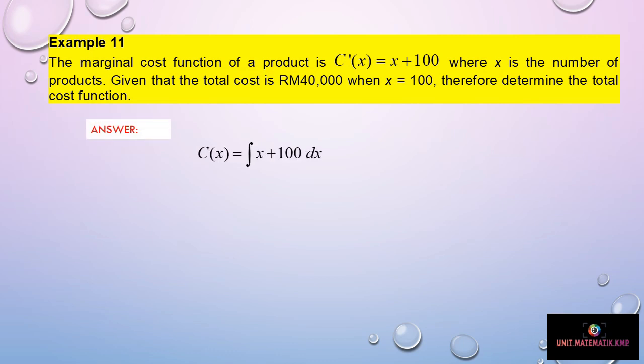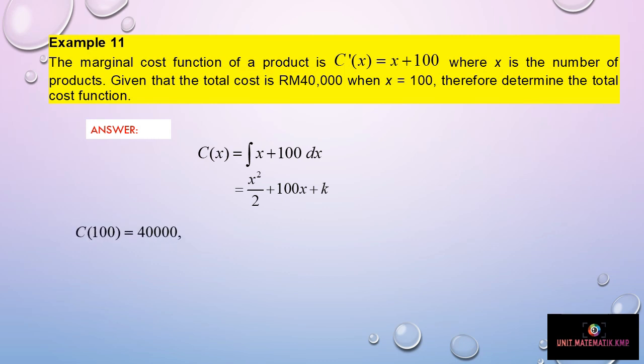The answer is, we need to find the cost function first by integrating the marginal cost. So, by integrating x plus 100 dx, we will get x squared over 2 plus 100x plus k.